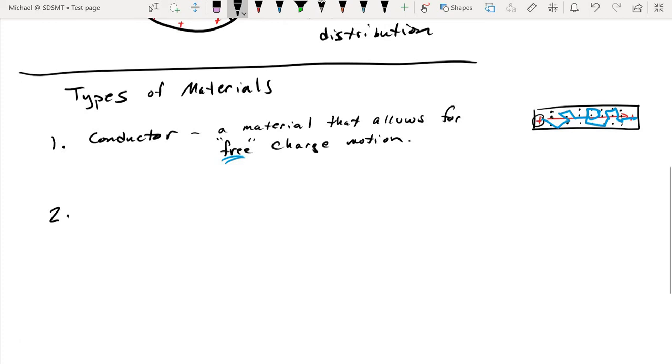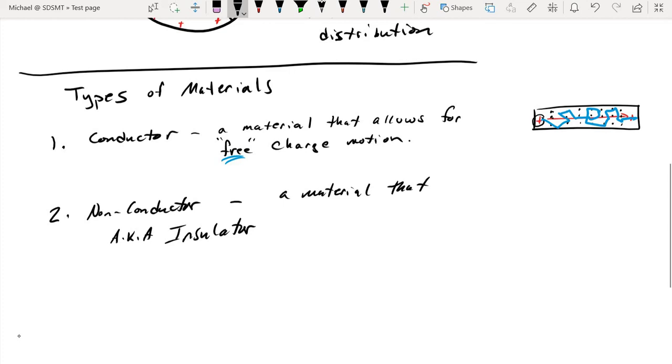So the second type of material will be a non-conductor, aka an insulator. And this will be a material that does not allow for free charge motion.